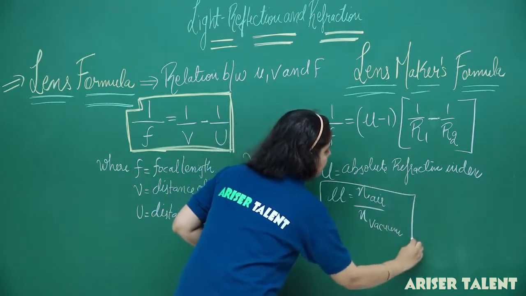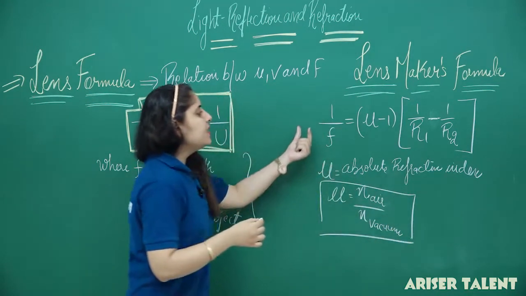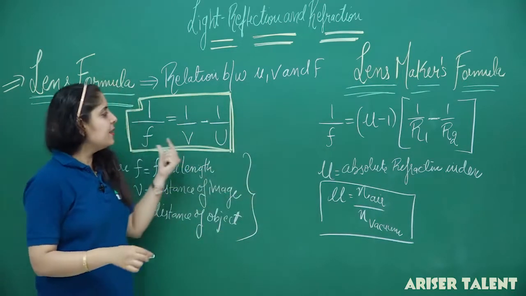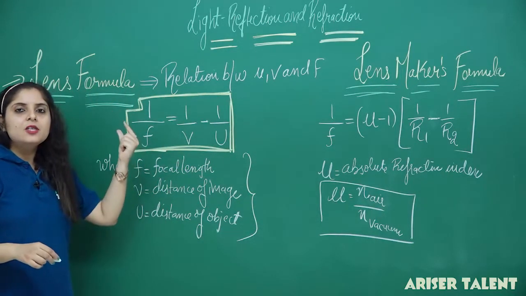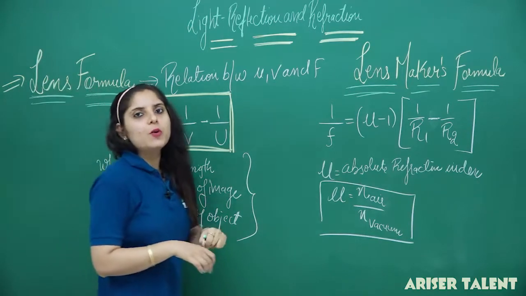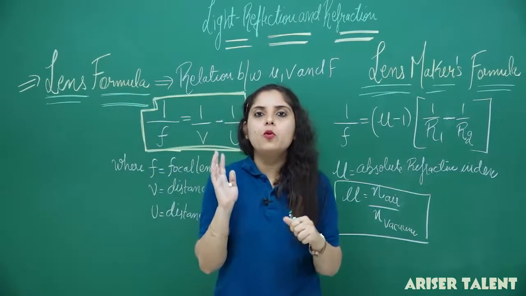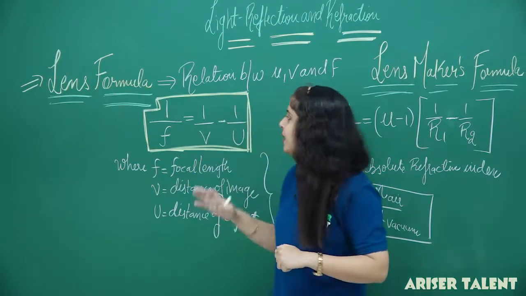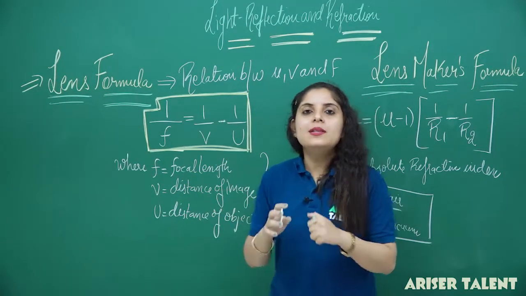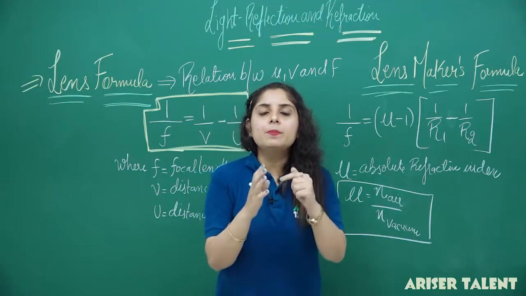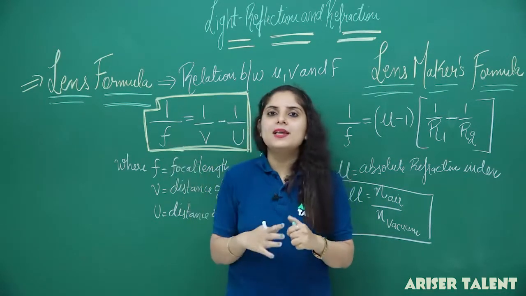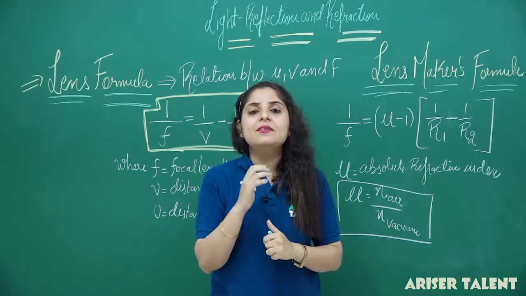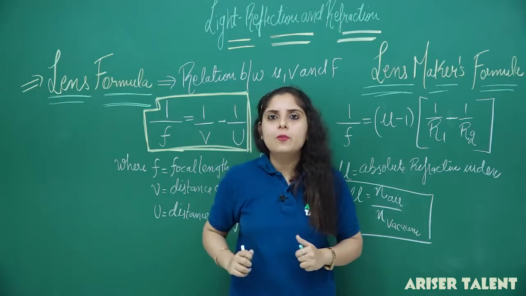So this is mu in this case. This is the lens maker's formula, and this is simply our lens formula. A numerical is definitely going to be asked in your exam dependent upon both these formulas. So let's solve a very simple numerical problem based on these formulas, so it might be clear to you how these formulas are applied and what sign convention we use on solving the numericals.